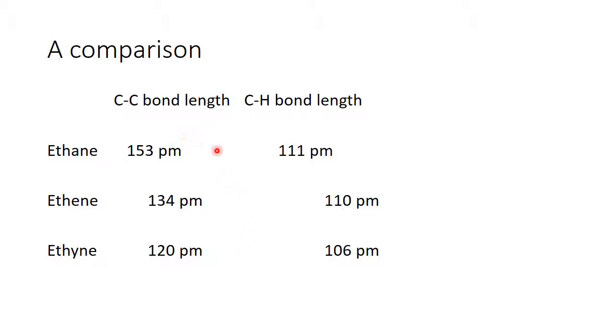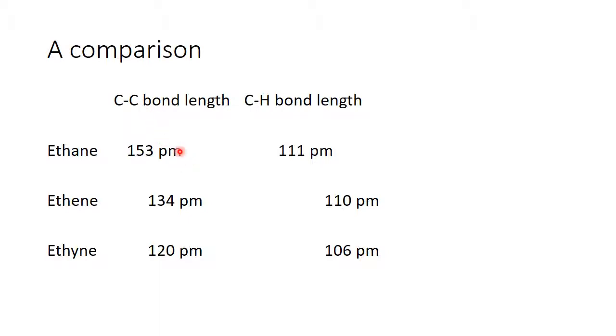You can see that the carbon-hydrogen bond lengths for ethane, ethene, and ethyne are progressively getting shorter, and that's an indication that the bond strength is increasing. So as you go from ethane to ethyne, the bond strength of the carbon-hydrogen bond is actually getting stronger, as is the carbon-carbon bond length.